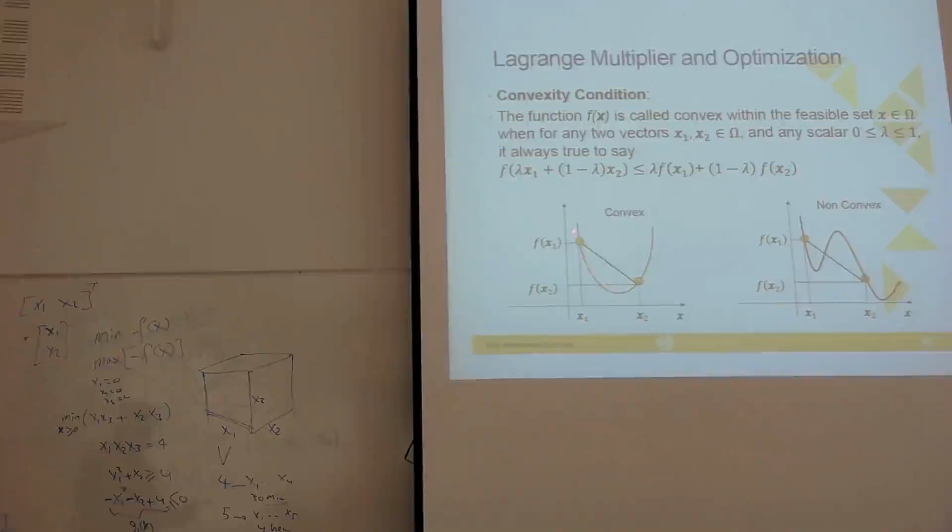What it means is that we will have only one optimum point, or one stationary point, if we are looking for the minimum. This one is non-convex, as you can see, because if you draw this line, we have this part up above and this part down. So this is a non-convex problem. This is the concept of convexity for looking for the minimum stationary point.